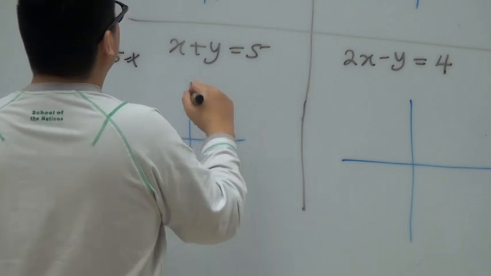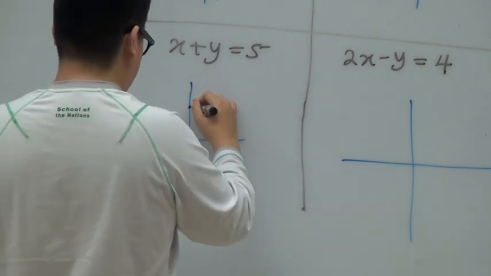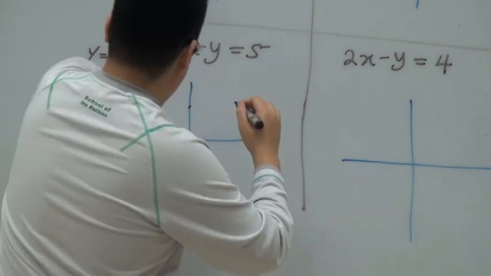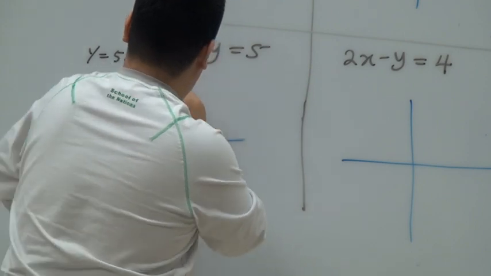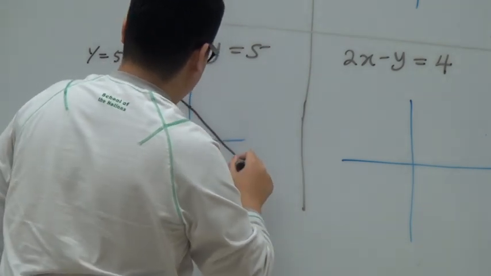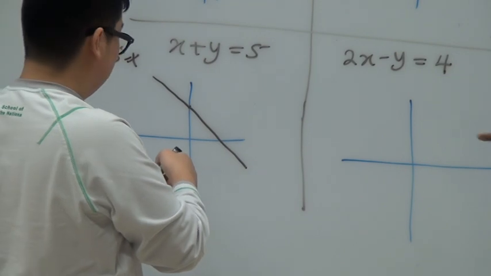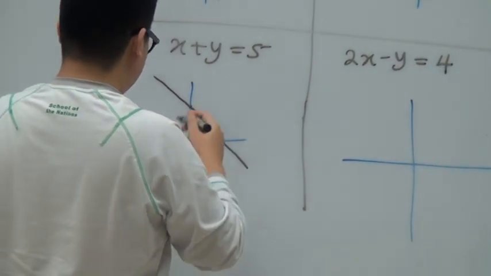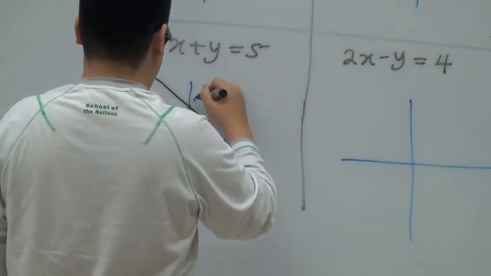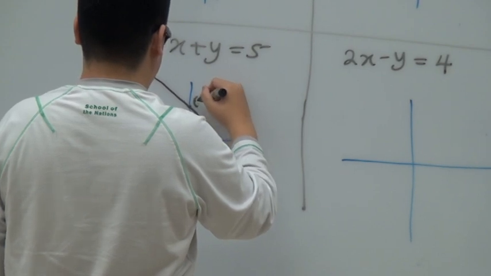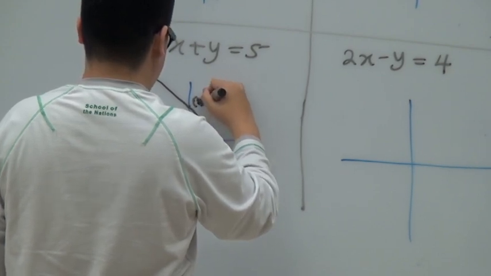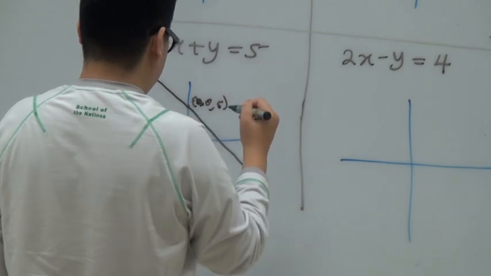Minus x is here. It's making a straight line, just like this, right? Okay, so can you put the coordinates, for example? This one is 5. And the other one?